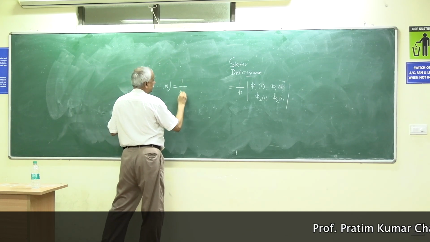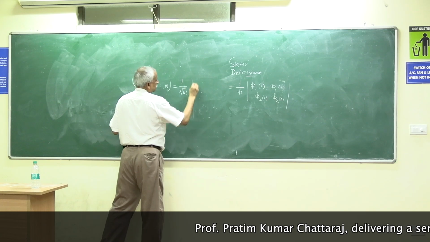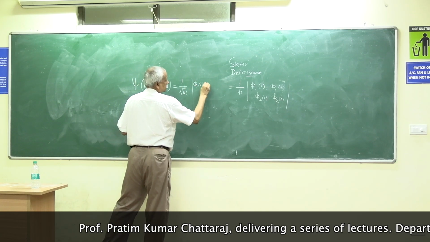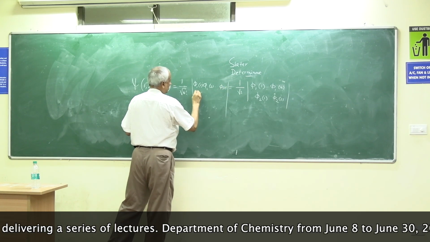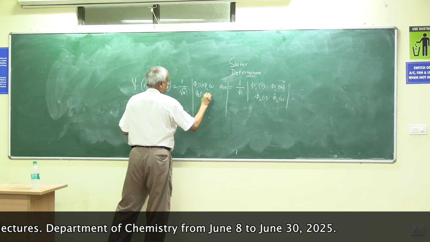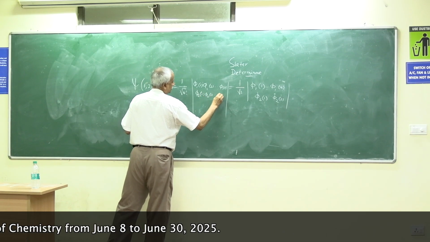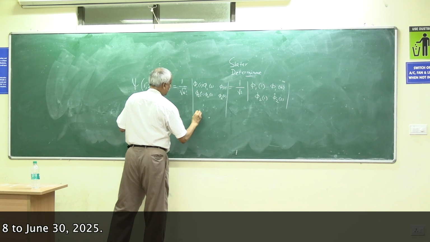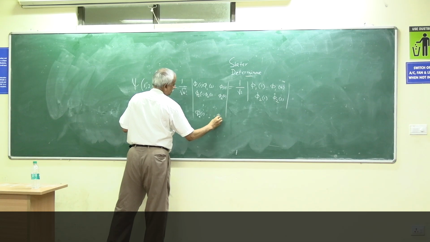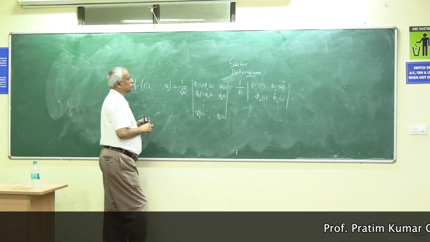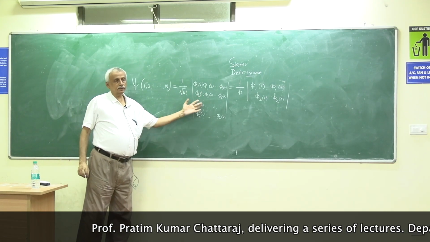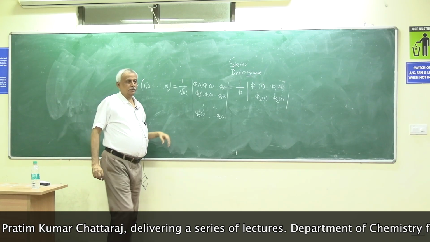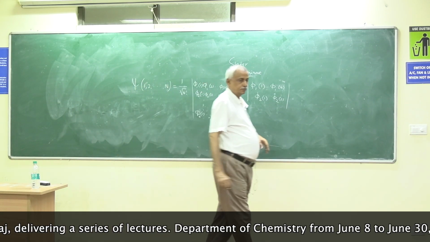Okay, so 1 by root n factorial, phi 1 1, phi 1 2 up to phi 1 n, phi 2 1, phi 2 2 up to phi 2 n, and then phi n 1 up to phi n n. So for n electron problem, you will get n by n determinant, and again they will also obey your Pauli's exclusion principle as well as Pauli's antisymmetry principle.